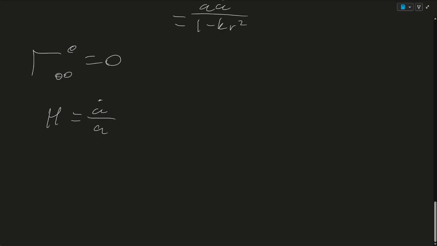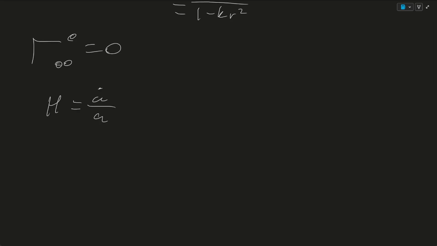Again, I've already done a video on this. The Ricci tensor is obtained by contracting the first and the third indices of the Riemann tensor.